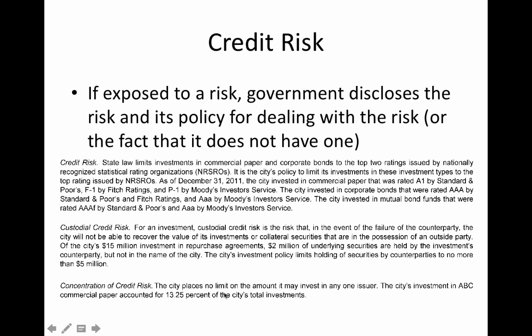So what a government might have is a policy that says, for instance, that it won't invest in any one entity any amount that's more than 5% of its total investments, in which case it would never be exposed to concentration of credit risk. But since this government doesn't have a policy, it has to disclose that it has no policy for dealing with concentration of credit risk.